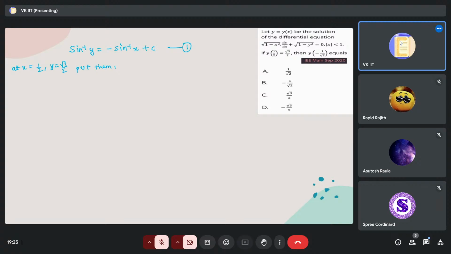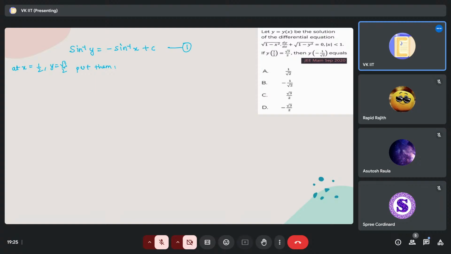So you will get sine inverse of root 3 by 2 is equal to minus sine inverse of 1 by 2 plus c. Sine inverse of root 3 by 2 is 60 degree, pi by 3, and sine inverse of 1 by 2 gives you 30 degree. Now from here you can find the c value, which will be pi by 3 plus pi by 6, 60 plus 30, 90 degree, that is pi by 2. Very easy question. We got the c value directly.